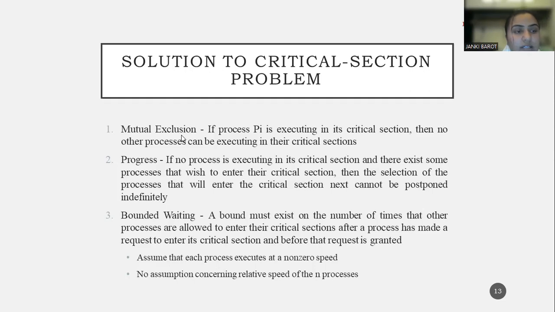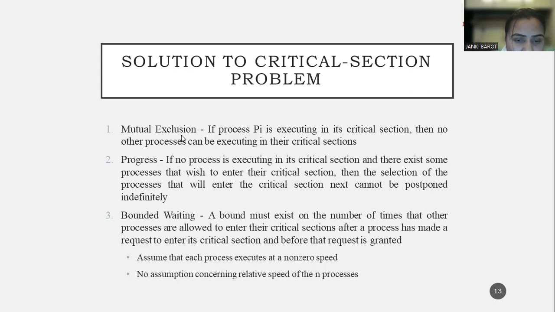The third one is bounded wait. A bound must exist on the number of times that other processes are allowed to enter their critical sections after a process has made a request to enter its critical section and before that request is granted.